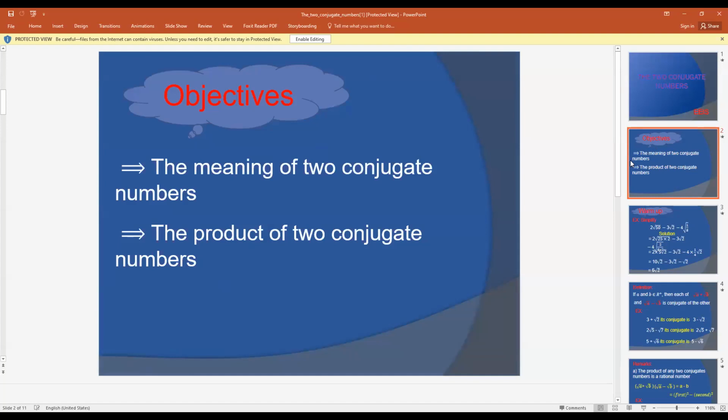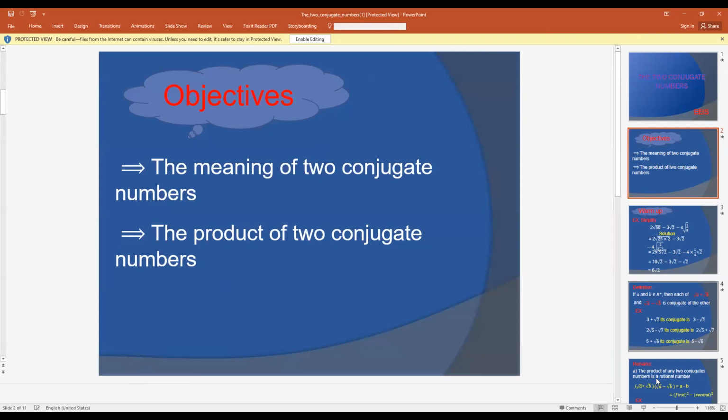Okay. In this lesson, we learned the meaning of two conjugate numbers and the product of two conjugate numbers. The product of two conjugate numbers must be a rational number, so we use the conjugate to cancel a denominator that is not rational. Because I want to make the denominator rational, I must multiply by its conjugate up and down and solve the question.